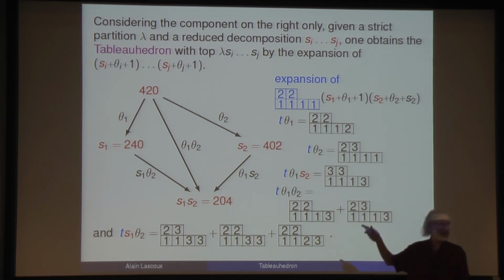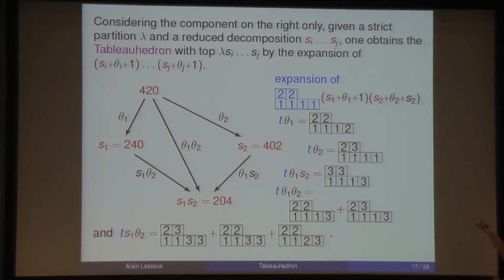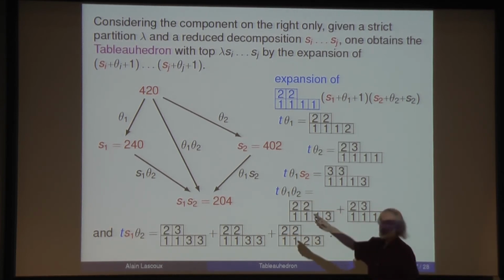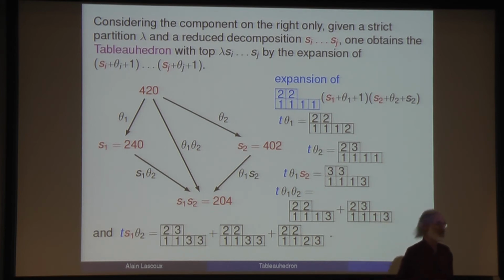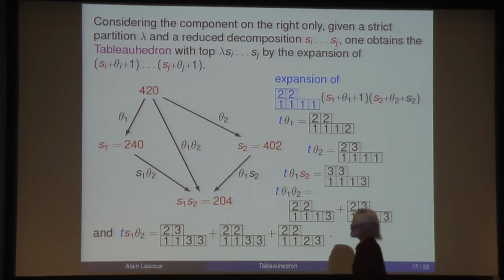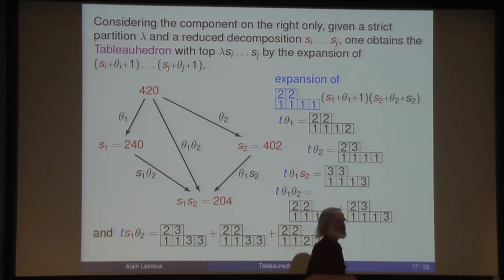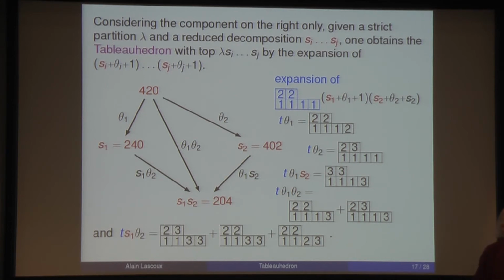Key tableaus are just denoted as a vector. So here the simple transposition gives me, of course, 4 tableaus, applying S1, S2, but I have the other tableaus that I write as labeling edges, because these are the tableaux which have left and right given key.